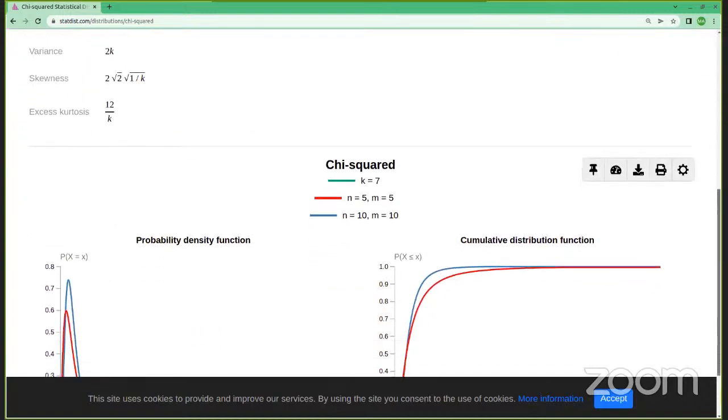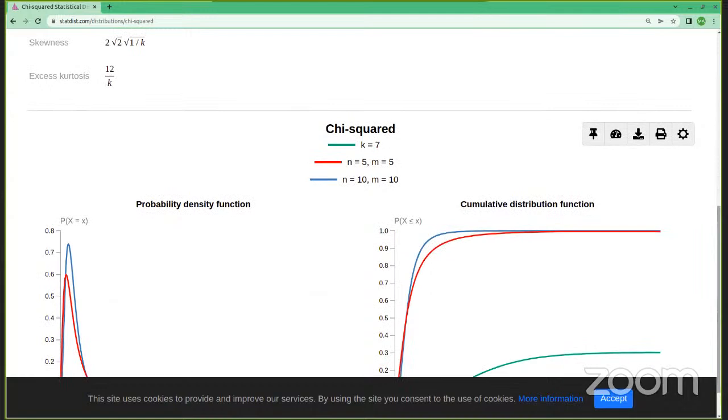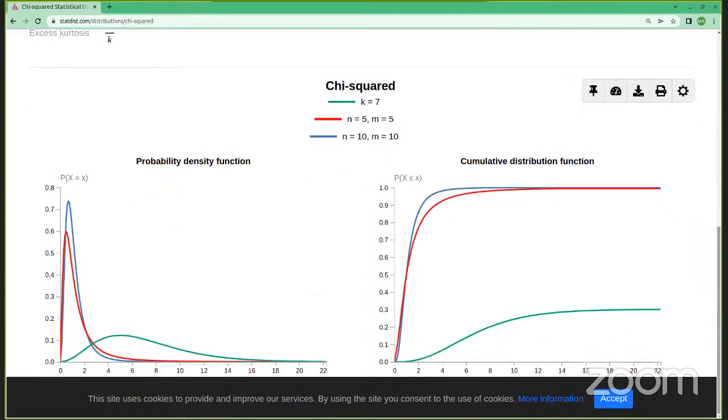So chi-square, whatever distributions we dealt with, you can play with those. What I suggest is, if you have time, search for this kind of online sites and understand the distributions clearly. That will give you more idea. We don't have time.